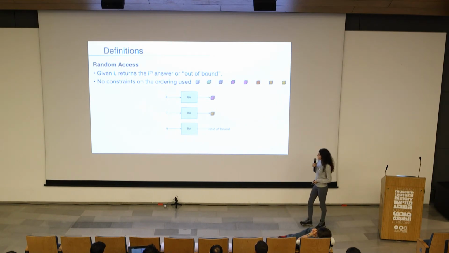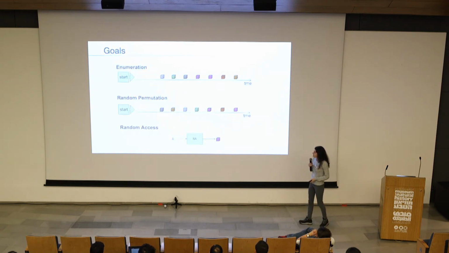So given I, we want the ith answer, or we want an out-of-bound message if I is too big. Now, there are no constraints on the order that is assumed here as long as it's consistent. So we tell the algorithm, choose whatever order is convenient for you, but just be consistent with that and give us the answers.